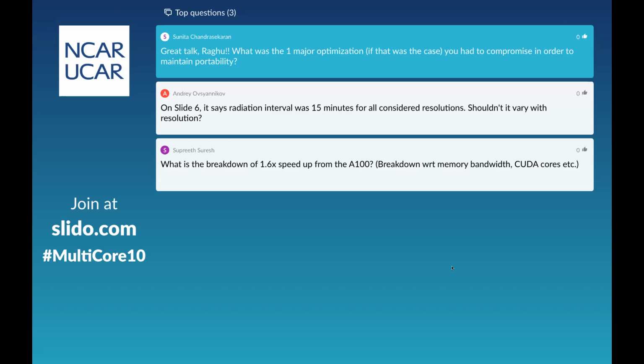So the first question is, what was the one major optimization you had to compromise in order to maintain portability? One of the first ones comes from the dycore.